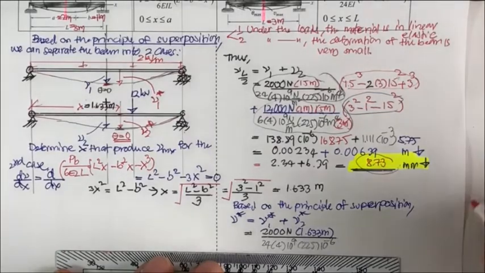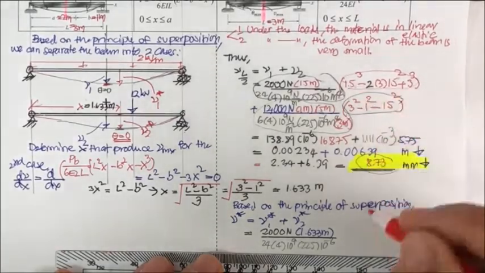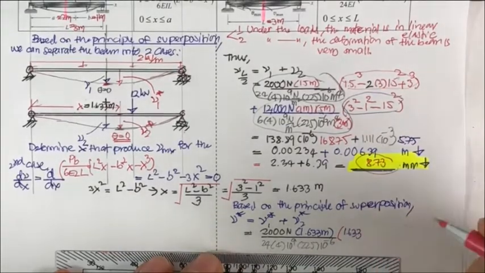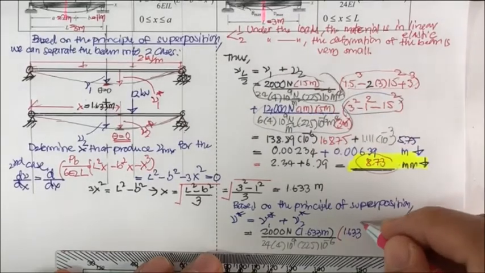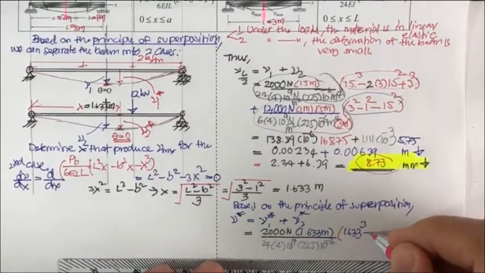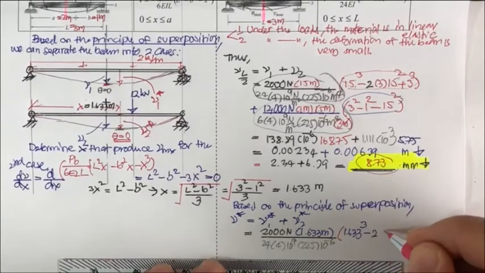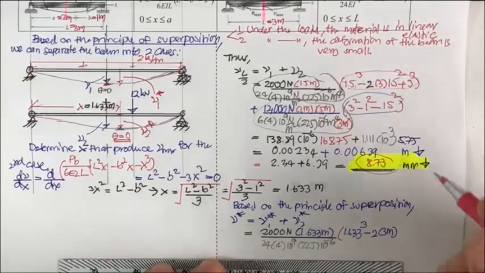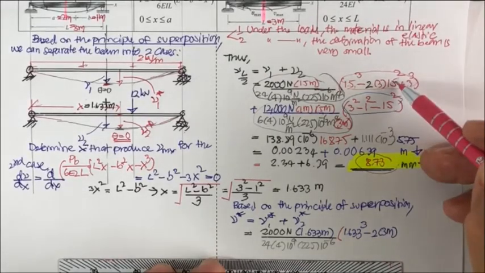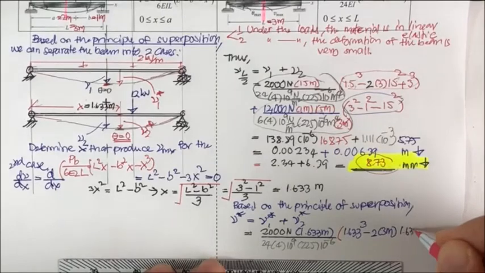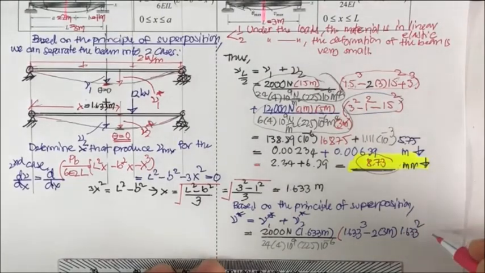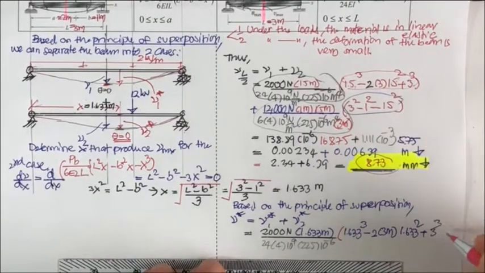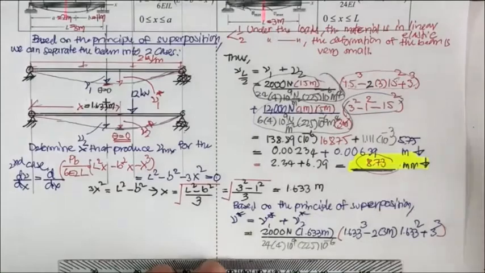And the order here, you got to change. 1.5 must be 1.633, and then cube, and minus 2 times L. L is going to be 3 meter, and x square, this is x square times 1.633 square, and then plus this one L cube, so 3 power 3. This was the first term.